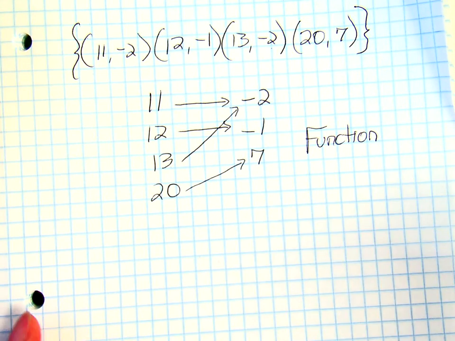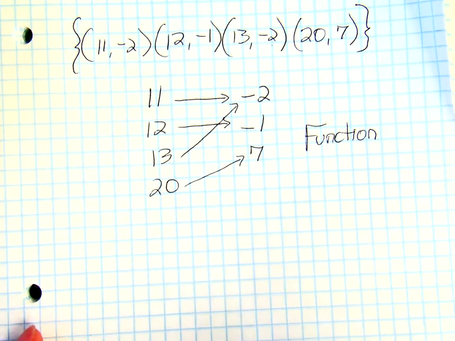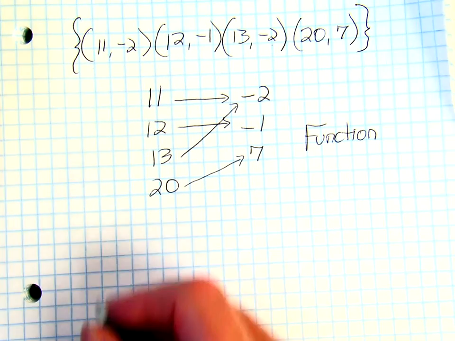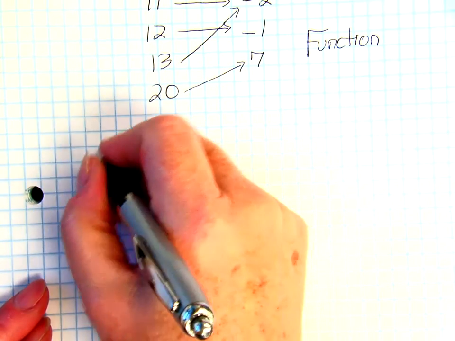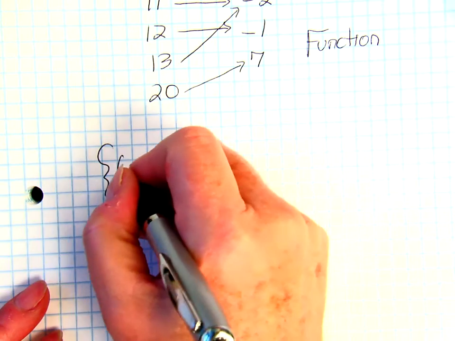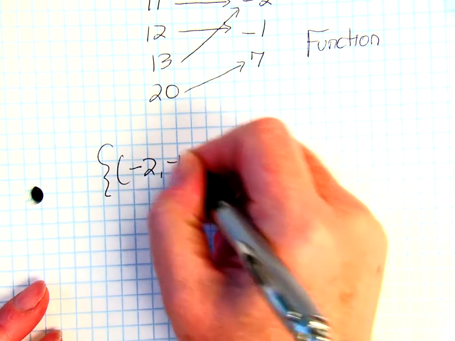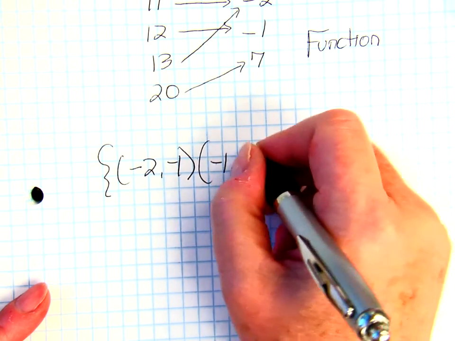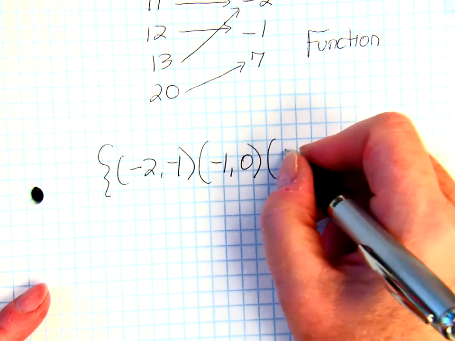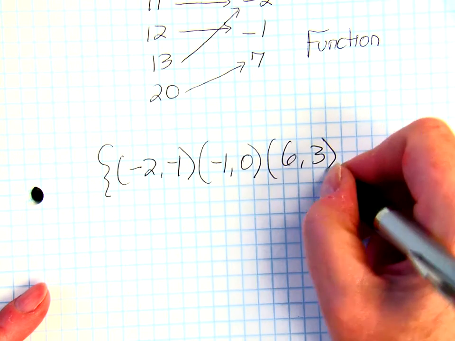Let's just look at another set of relations. It is so much easier to see than it is to say. So let's look at a second relation. We have -2, -1. We have -1, 0. We have 6 and 3.